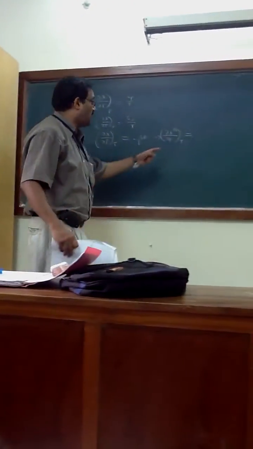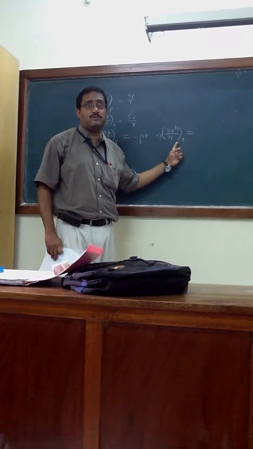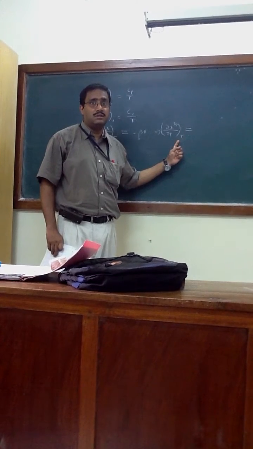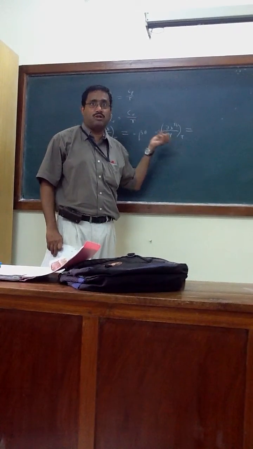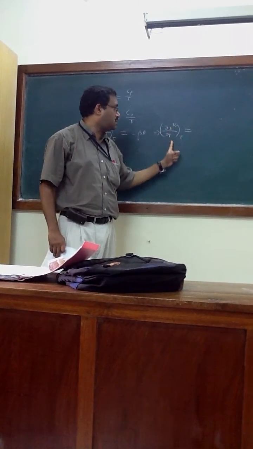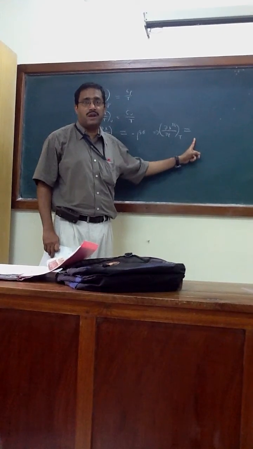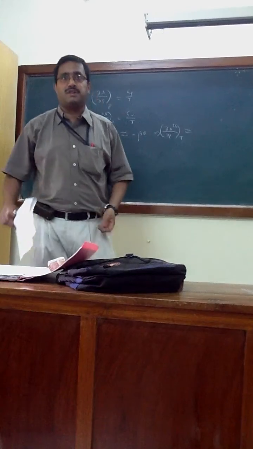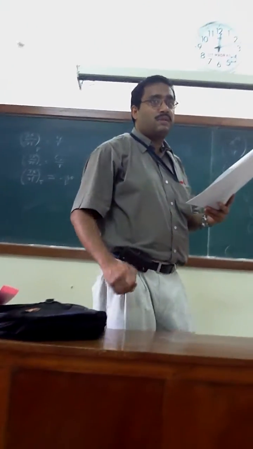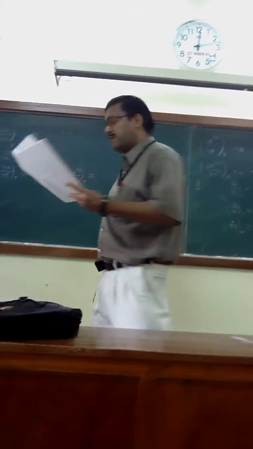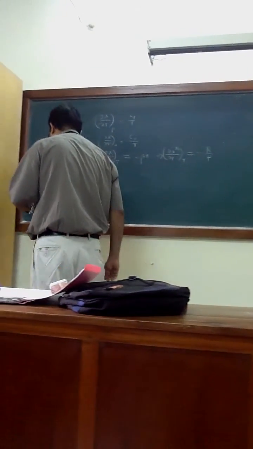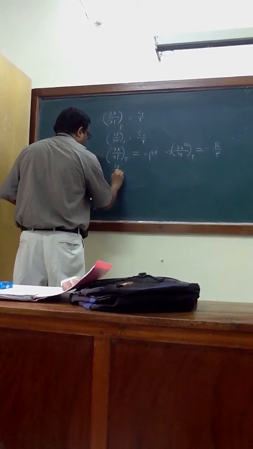We should not write it in terms of V, because this is a function of temperature and pressure, so if you write in terms of pressure, V should not come into the picture. As I told you a long time ago, when you give the expression for a function of temperature and pressure, the final expression should be in terms of temperature and pressure. So it is minus R by P.